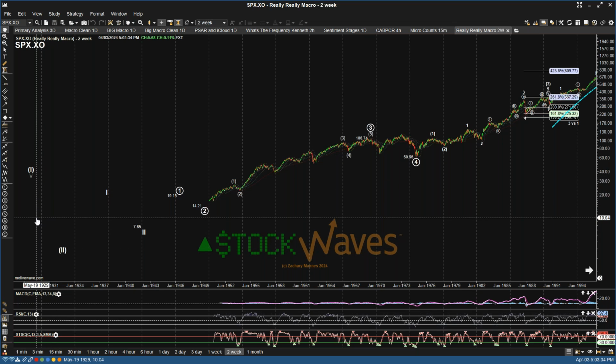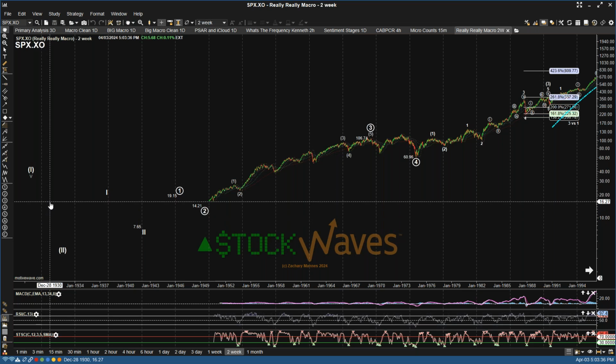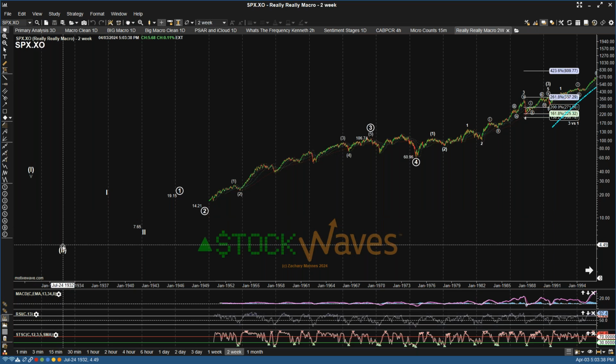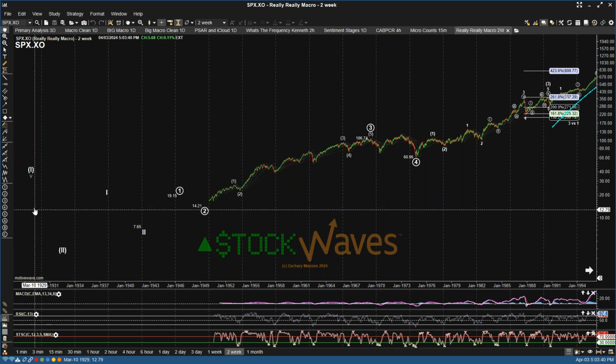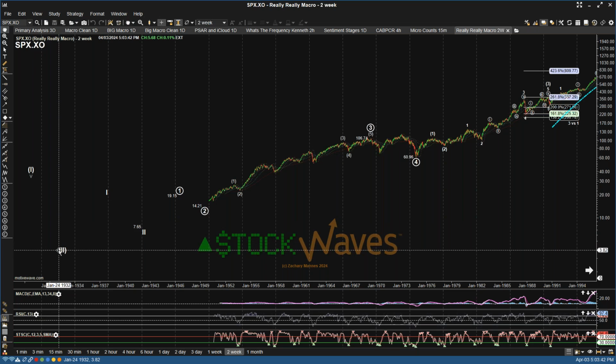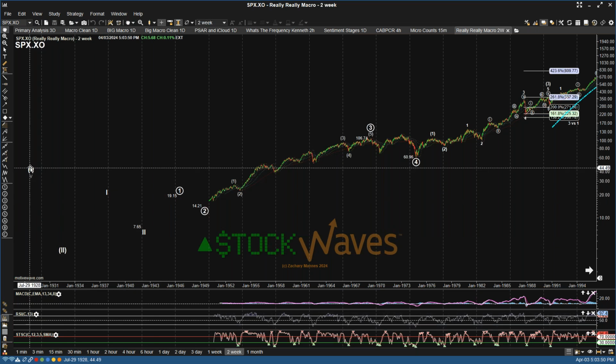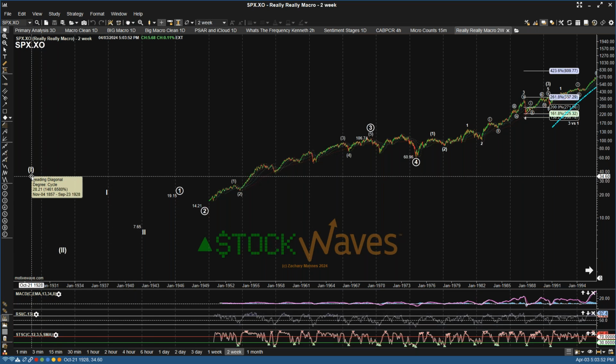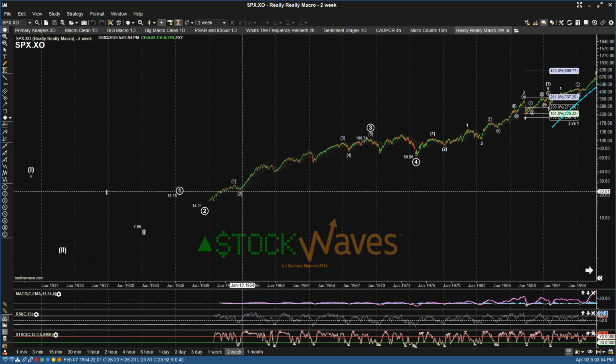It had a tremendous crash, the 1929 crash, and then a bounce, and then it chopped down into the low in the 1930s. So the entire super cycle degree wave 2 took much less than a decade, only about half of a decade. It was a very, very deep correction, and also very, very sharp.